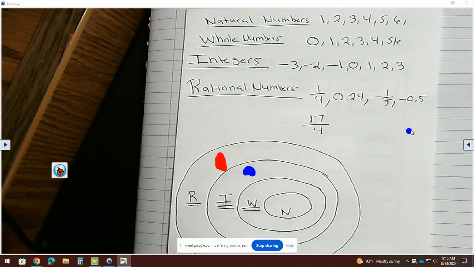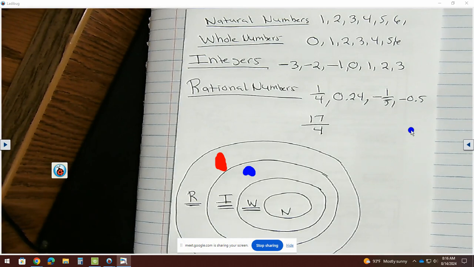If you're there, where do you belong? And you're inside of which ones? Look at it. Rational. You're inside the integer circle and the rational. So we have just learned, thanks to this Venn diagram, that the integer is also a rational.